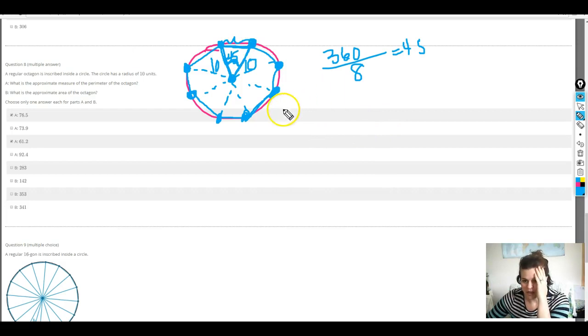So the law of cosines I remember generically as c squared is equal to the side length adjacent to our angle squared plus the other side length adjacent to our angle squared, minus 2 times the side length times the other adjacent side length times cosine of 45 degrees.